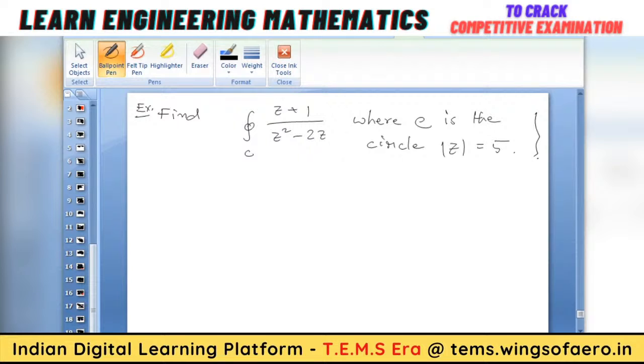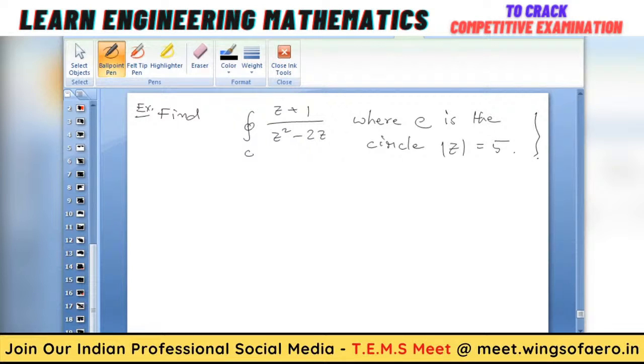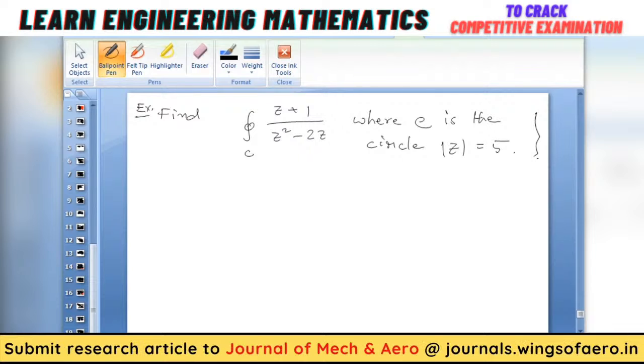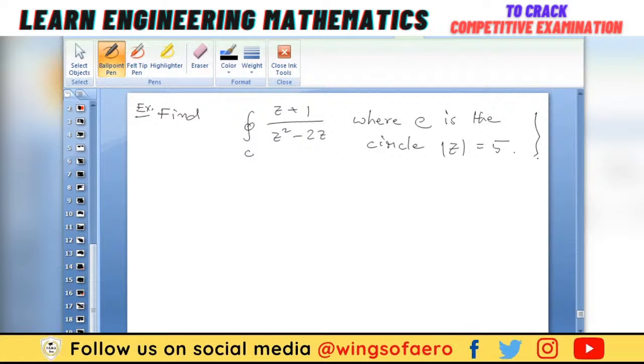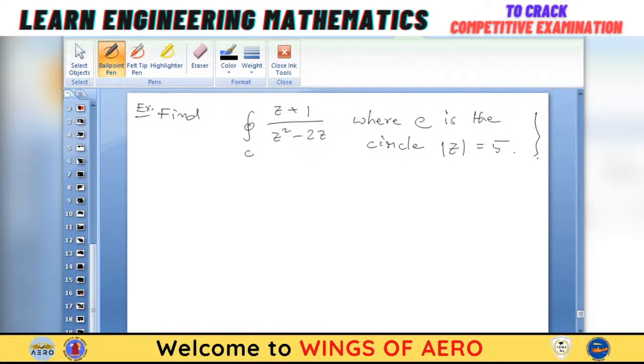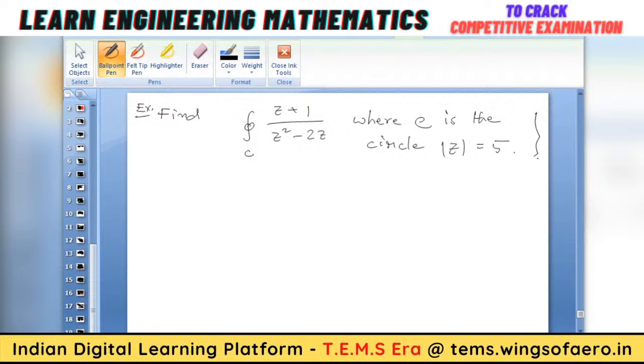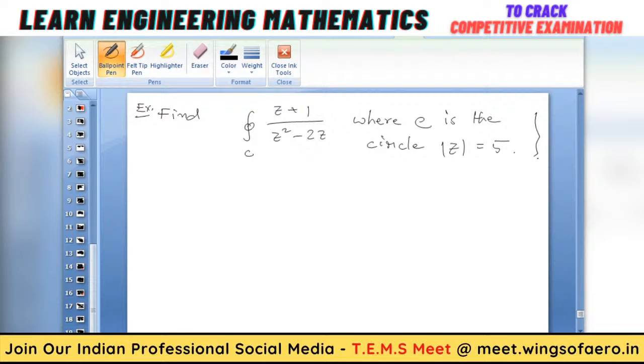According to the GATE questions I have seen in your previous papers, there are very few complex number questions, and whatever I have found are mainly from poles, residues, and complex integration. That is why I am concentrating on this formula: after finding the poles, you can easily find the integration.